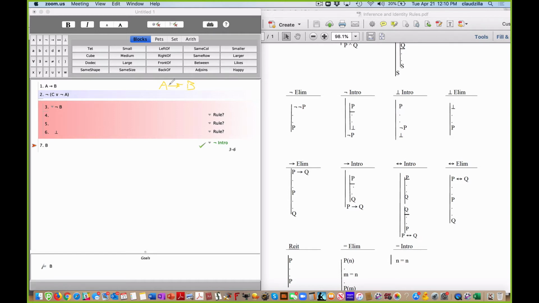Well, I eliminate them. When I'm given an arrow, I eliminate it.